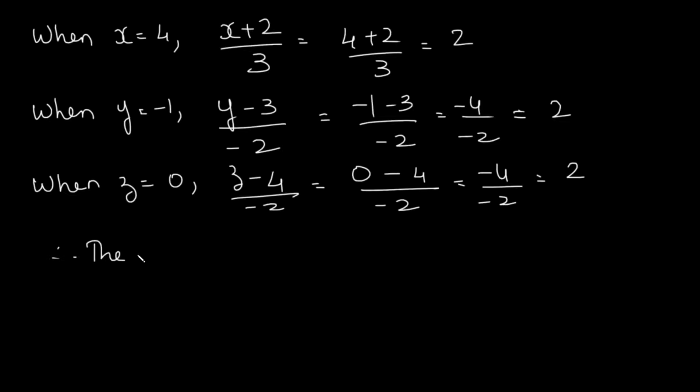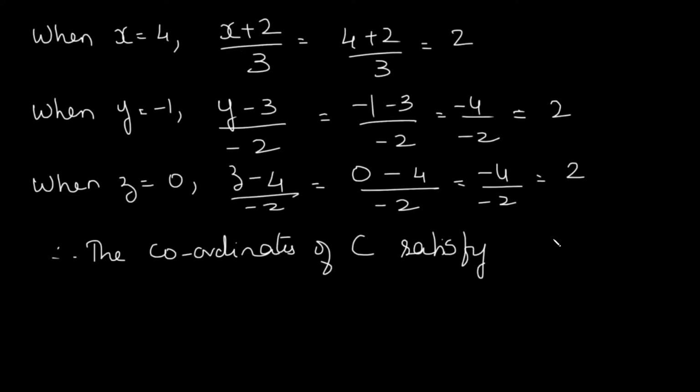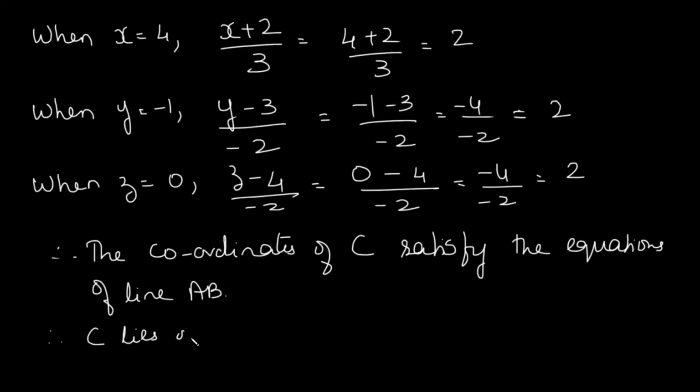Therefore, the coordinates of C satisfy the equations of line AB, and therefore C lies on line AB, and therefore A, B, C are collinear. So in this way we prove that the 3 points are collinear.